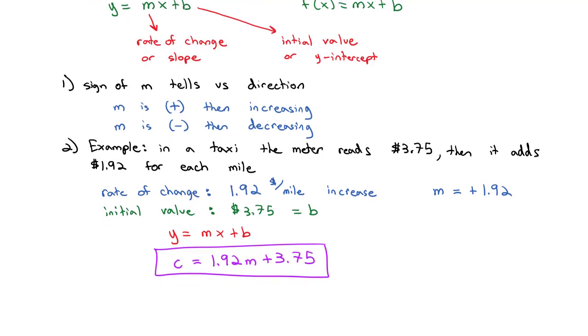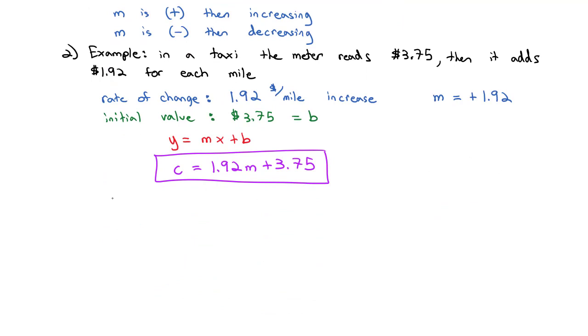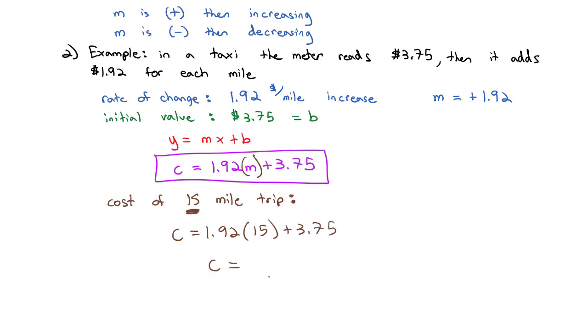I could even go one step further then, and now I could use this equation to estimate the cost of a 15-mile trip. Well, I'm just going to plug those 15 miles into the miles in the equation. The cost is 1.92 times the 15 miles plus the 3.75. And if I were to put that in my calculator, I'd see the cost for this trip is $32.55.